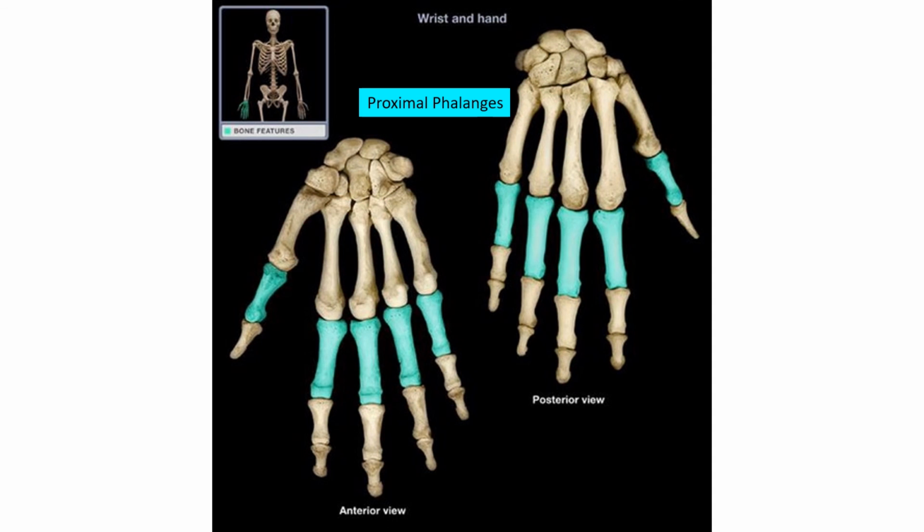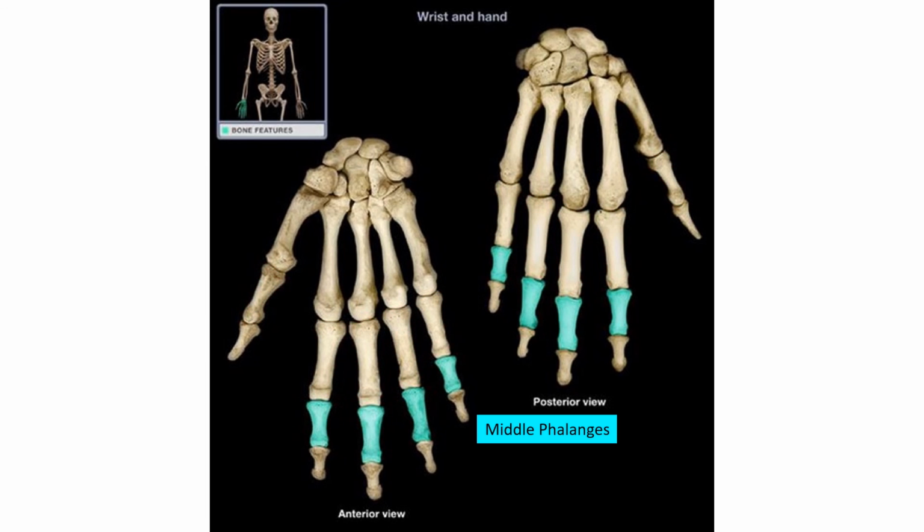Then we have the beginning of the phalanges, and the first ones are the proximal phalanges. Look at the thumb. The thumb has 2 phalanges, while the other fingers have 3 phalanges. So this is the proximal, and these are the middle phalanges of the fingers. And note that the thumb does not have a middle phalanx.